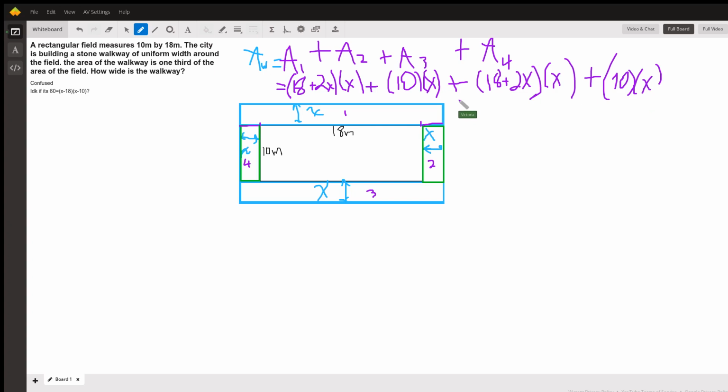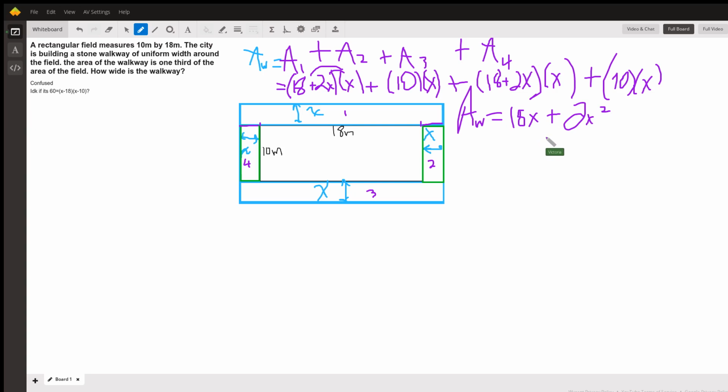Now, before we can get an expression for this, we need to do some simplifying. Okay, so we're going to distribute this x in, and we're going to get 18x plus 2x squared. That's area 1 simplified.